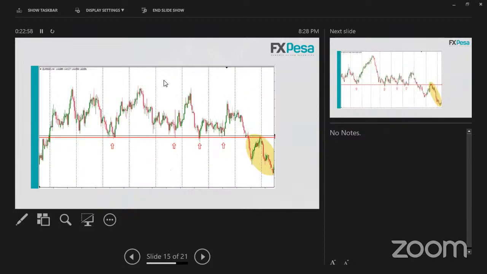So we also have a breakout of support. A support is an area or a zone on a chart where price has dropped too severely but has struggled to break below.